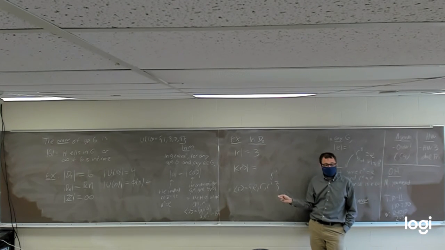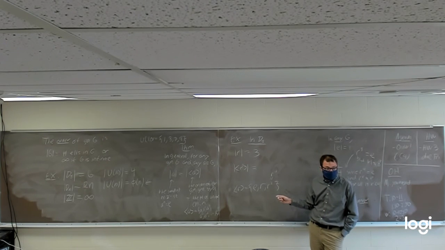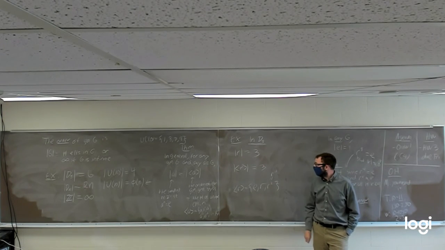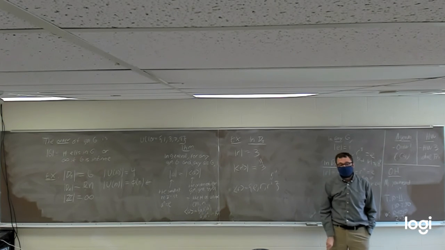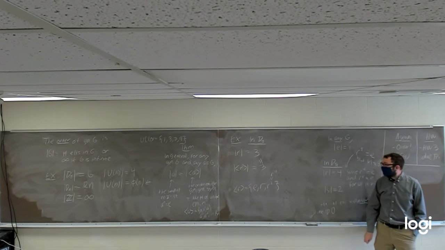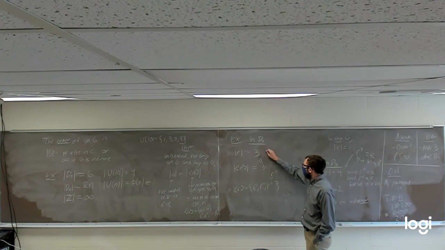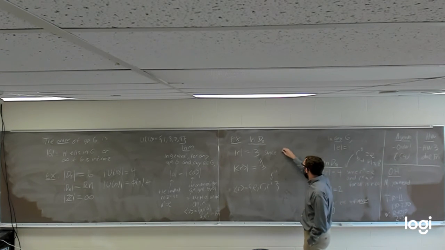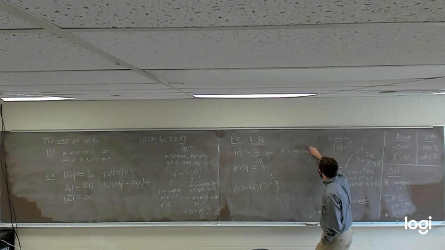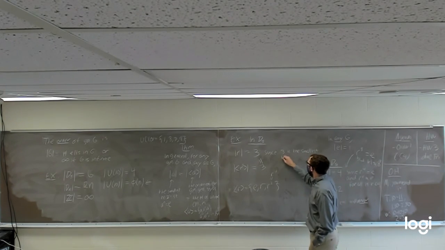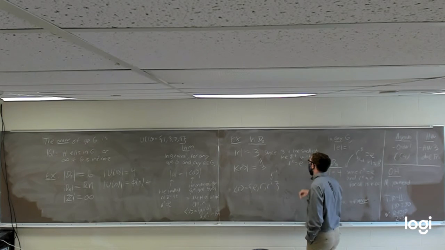How many elements are in this group? Okay, 3. So it turns out that the order of R is 3, since 3 is the smallest k with R to the k equal to the identity element.